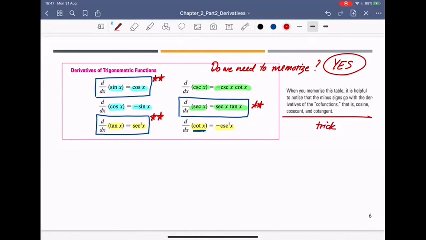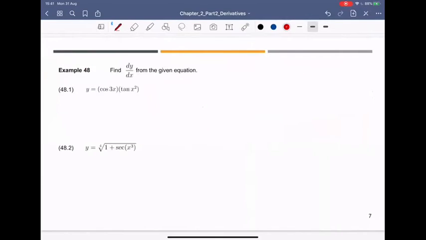All right, so let's look at an example. I'm going to show you how to use the formula to differentiate. Let's start with example 48, and let's do this together. I want you to find dy by dx from the given equation. First, I have y equals cosine 3x times tan x squared.